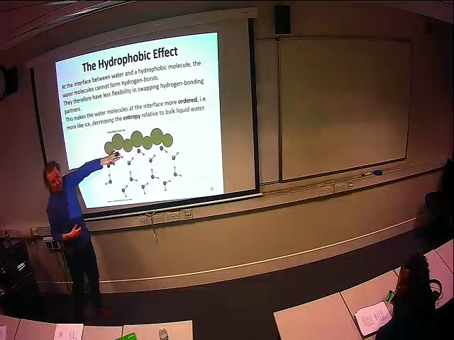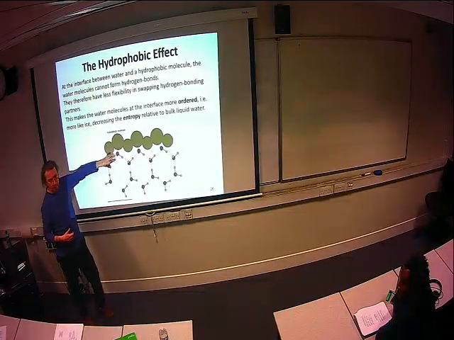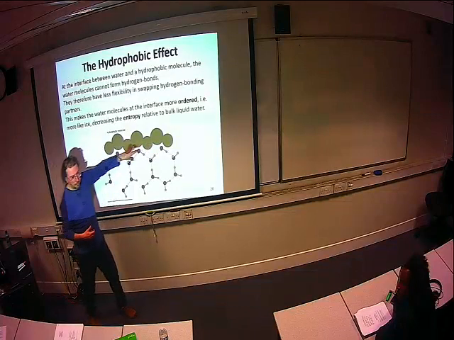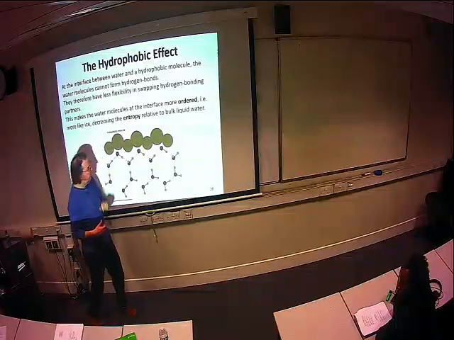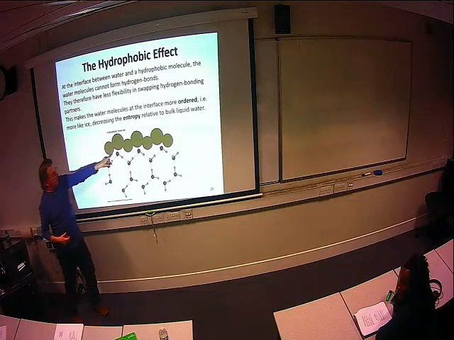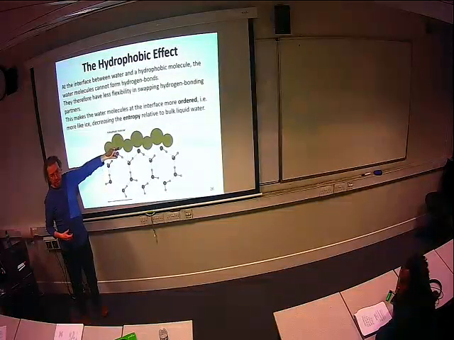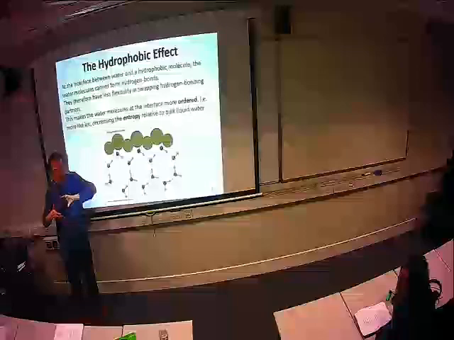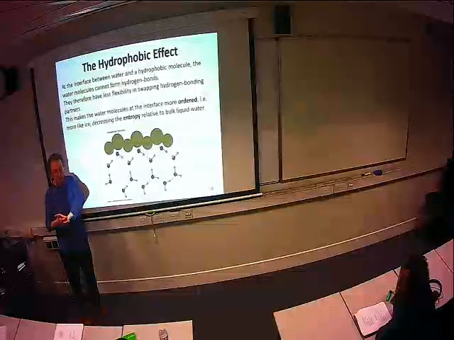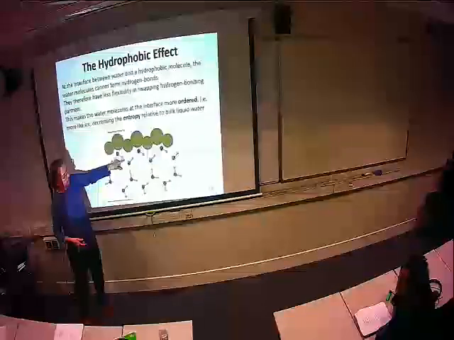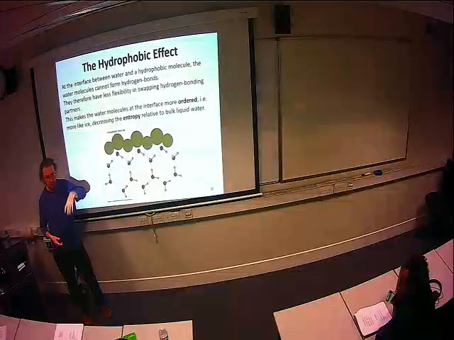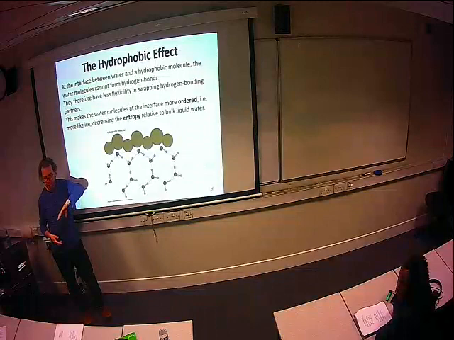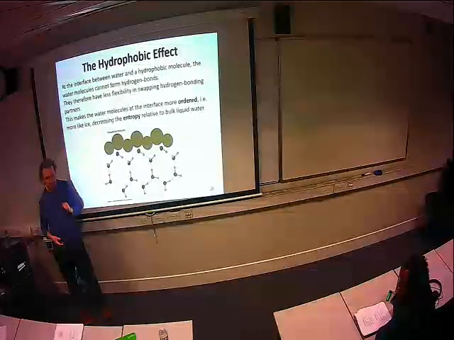But when they get close to this non-polar blob here at the top, they can't form hydrogen bonds to the hydrocarbon up here. They still need to find hydrogen bonds to neighbouring water molecules, but they are more constrained in how they orientate themselves in order to form these hydrogen bonds.